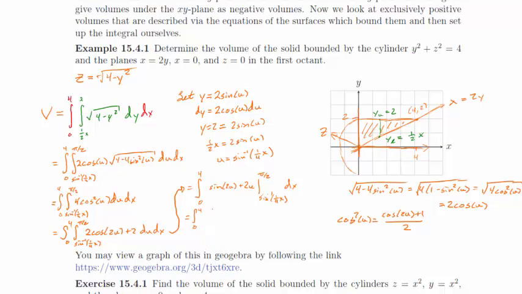So we have 0 plus pi minus sine of 2 sine inverse of 1/4 x minus 2 sine inverse of 1/4 x dx.